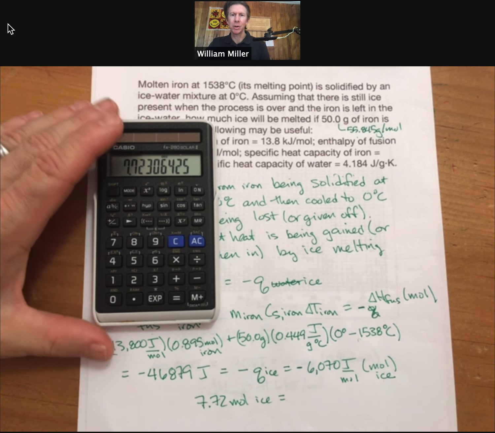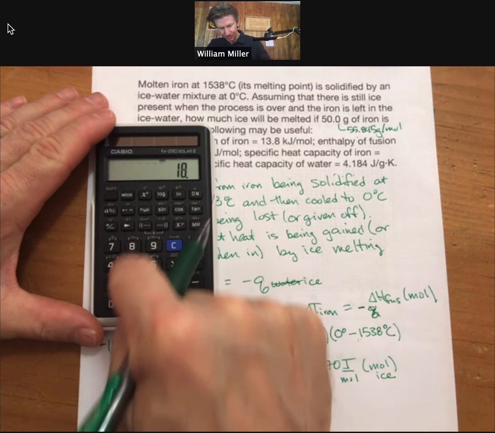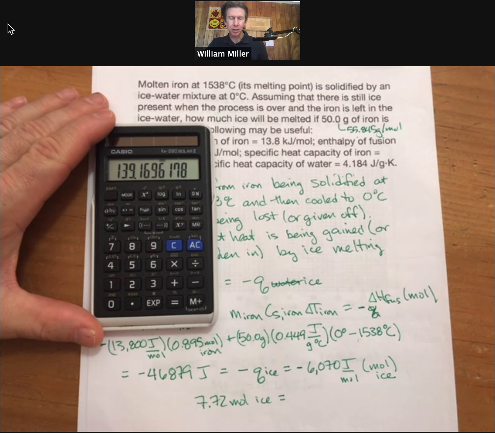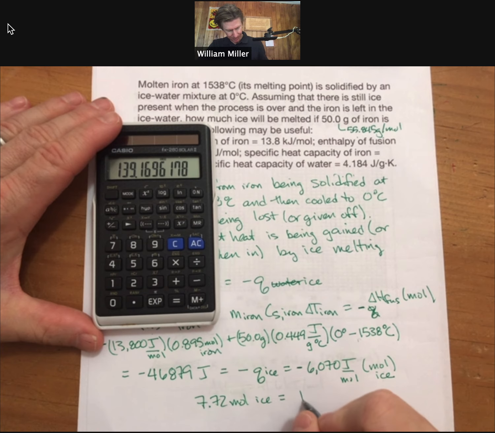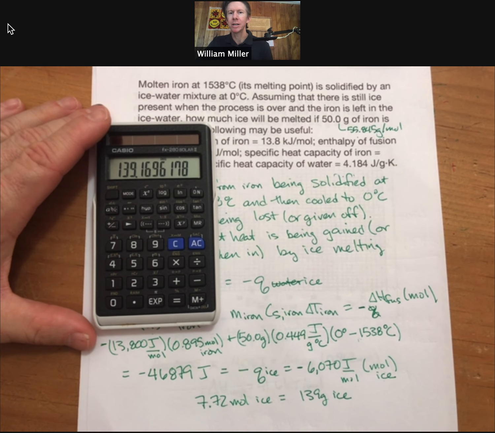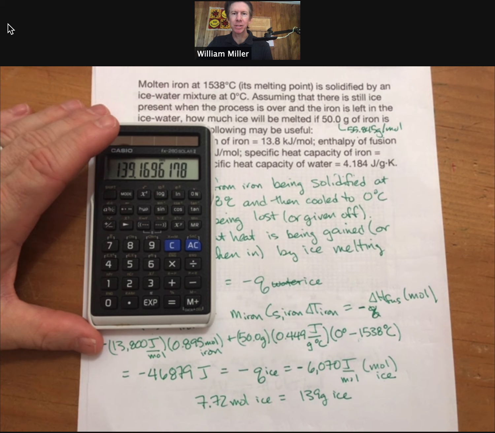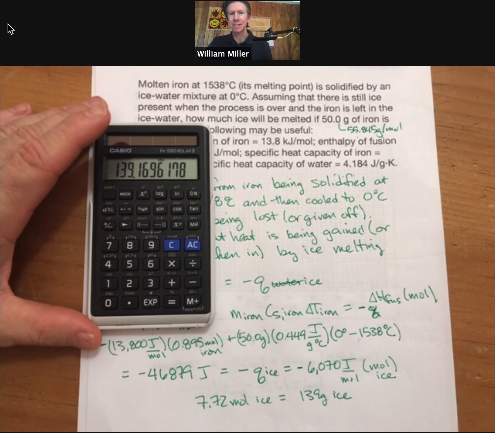And since the molar mass of ice is 18.02 grams per mole, I get 139 grams. That's how much ice would melt if we were to cool our newly minted or blacksmithed sword that we had just pounded into shape.